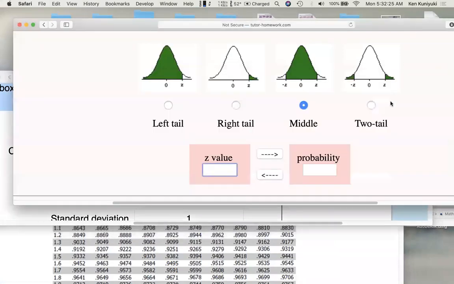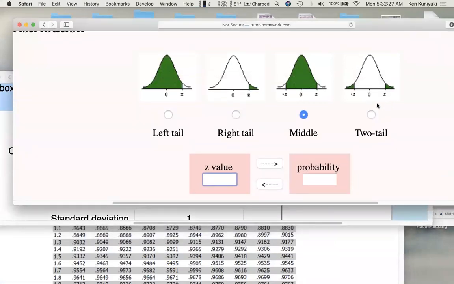On tutorhomework.com, this time we want a left tail probability. Percentiles correspond to left tails. So for the 85th percentile, I want to know the z-score that gets 85% over here. In fact, this picture looks pretty good. I want a probability of 0.85. We want to go from probability to z value. So I click on this arrow down here. It's about 1.04.